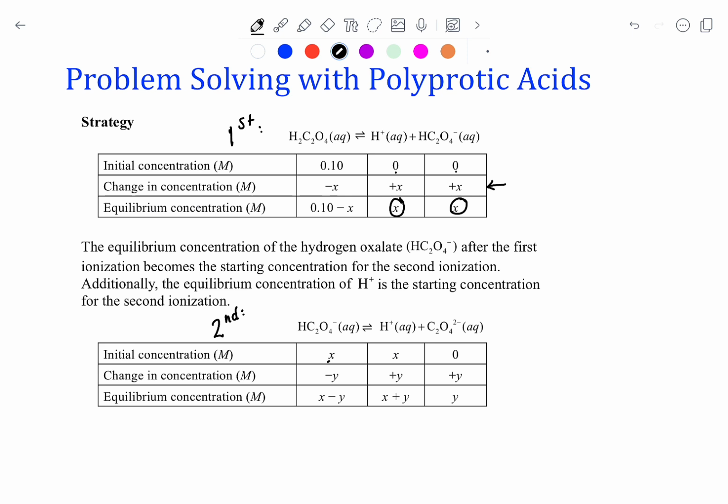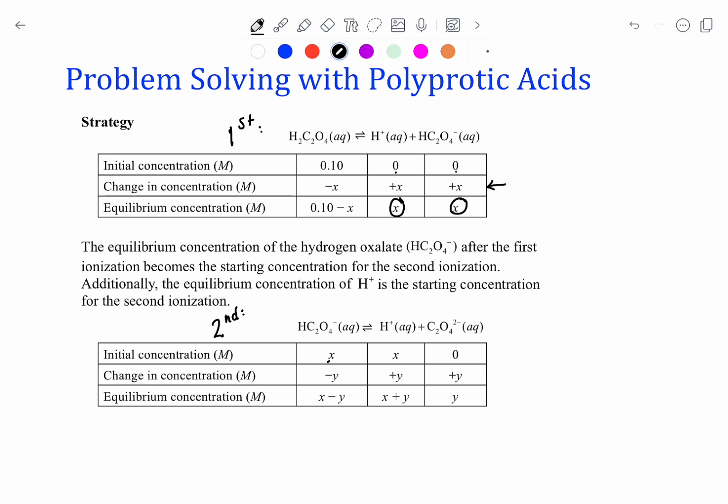So that's the first ionization. Now my HC2O4 minus is going to then ionize again, so its concentration is now going to change. And the H plus concentration, as we can see from our 2 ionizations, is another product. So we're going to be adding even more to that concentration.